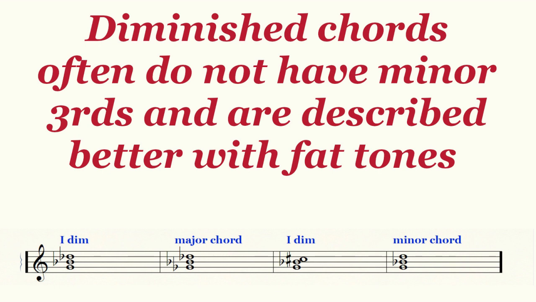And this time there is very clearly a fat tone on top that is not a minor third. So when I look at that chord, which has two fat tones resolving to a minor chord, I think any reasonable, open-minded human being will see that my explanation is simpler and more elegant.